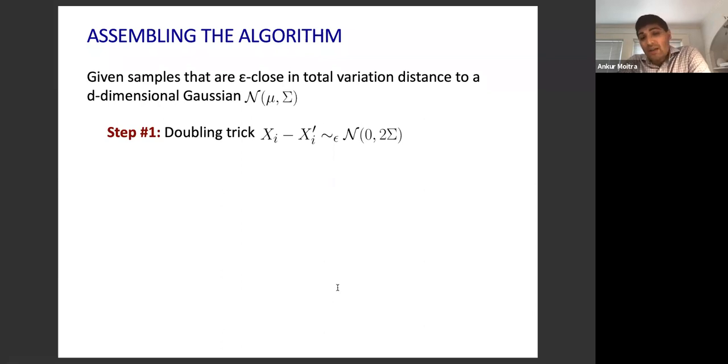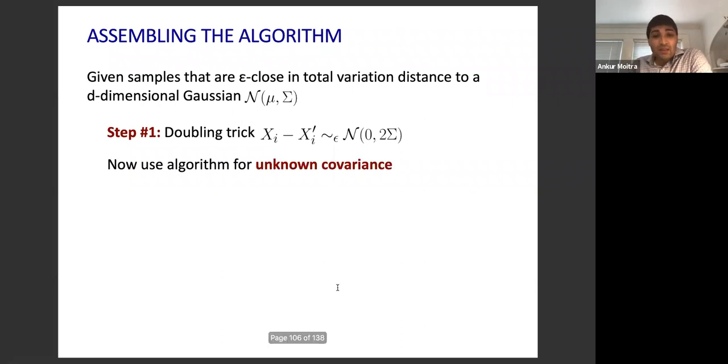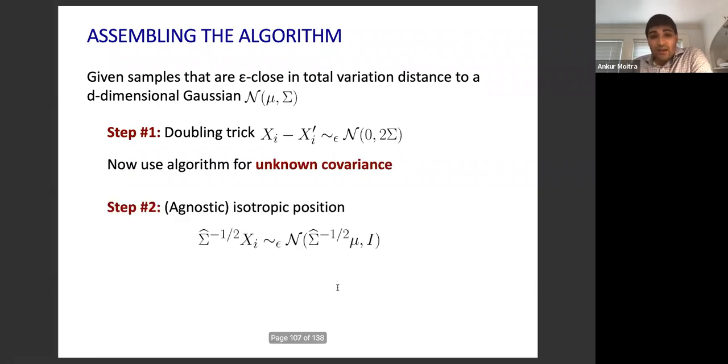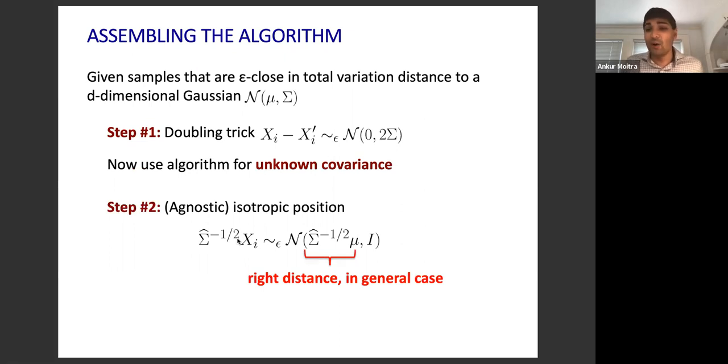So these will look like samples that are close to coming from a Gaussian N(0, 2 sigma). So now I can robustly estimate the covariance, and I can find some estimate sigma hat. I can apply sigma hat to the -1/2. That'll be like putting something in isotropic position. And now I'm back in the case where I want to estimate the unknown mean.